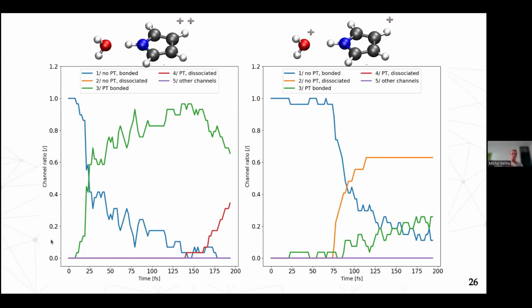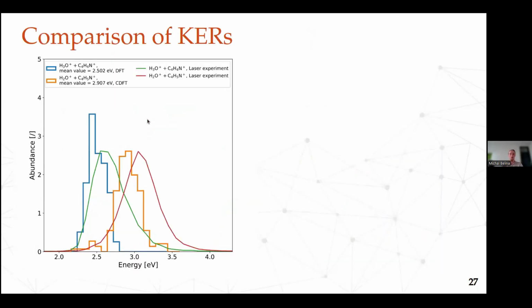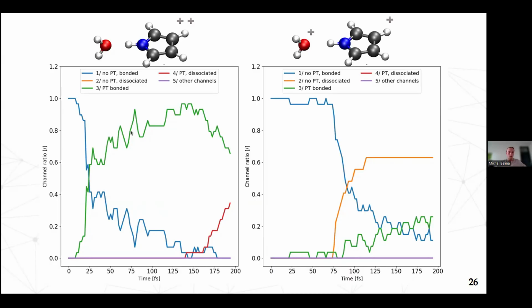Again, most of the molecules undergo the proton transfer within a few tens of femtoseconds, and on the other hand, when the charge is delocalized, nothing else than the Coulomb explosion is happening. So we got roughly the same results from the simulations as from the experiments. This validates their approach.